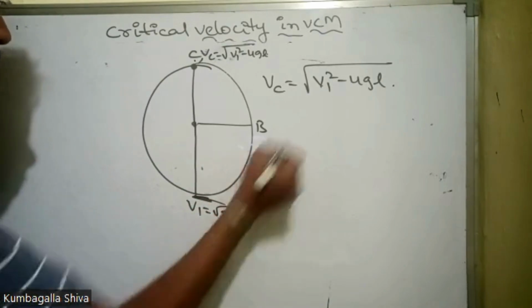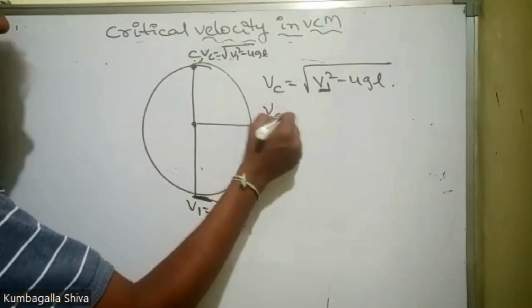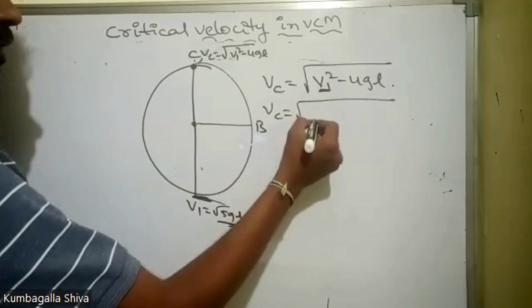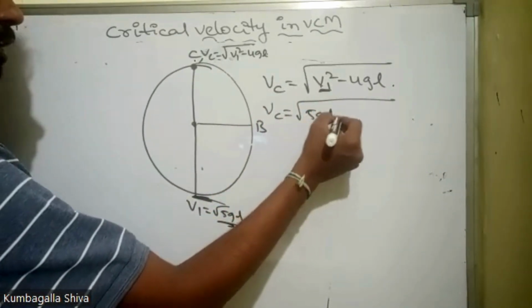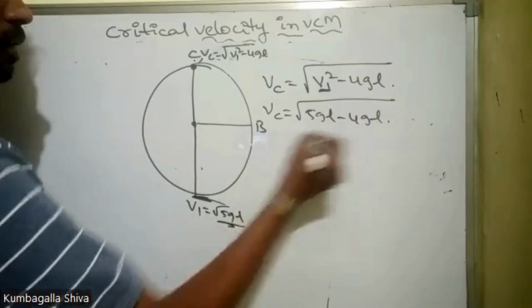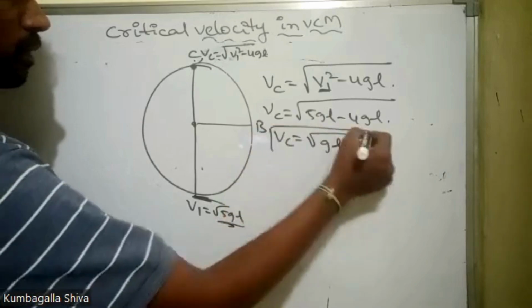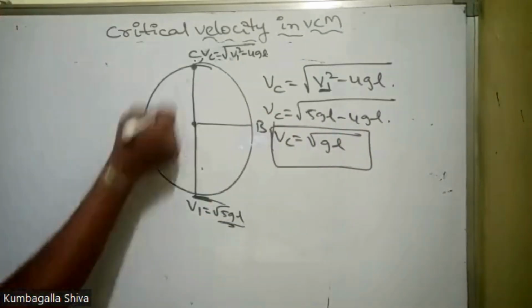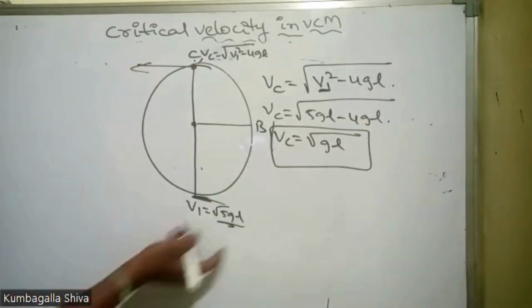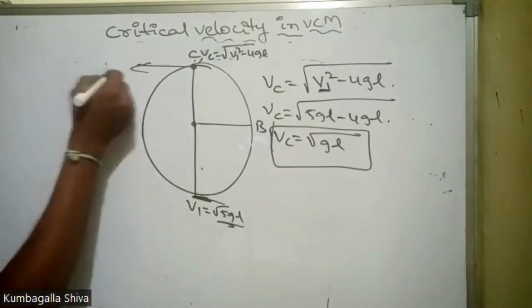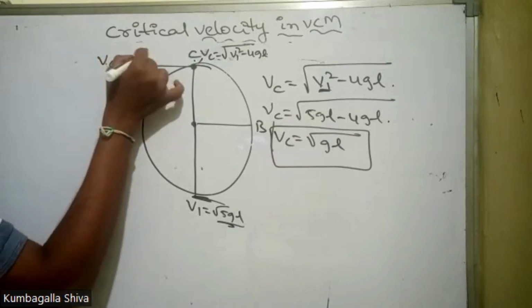If you substitute this, you get VC equal to under root of 5gl minus 4gl, that is VC is equal to root gl. So at the top, the critical velocity to reach the C position is VC equal to root gl.